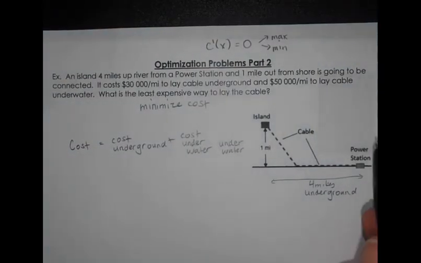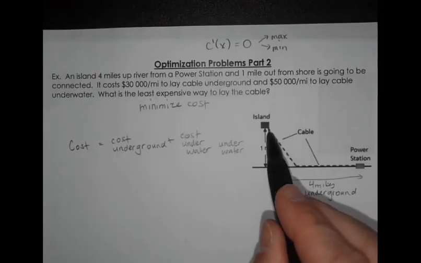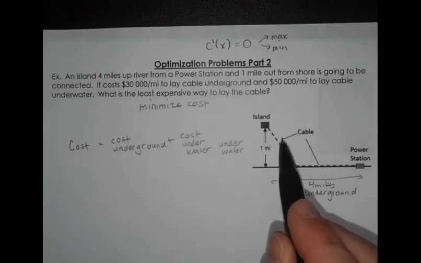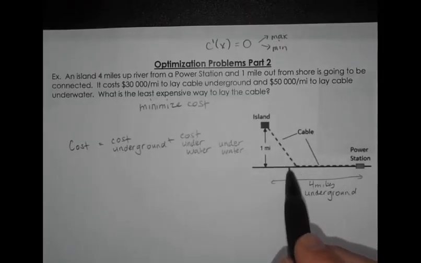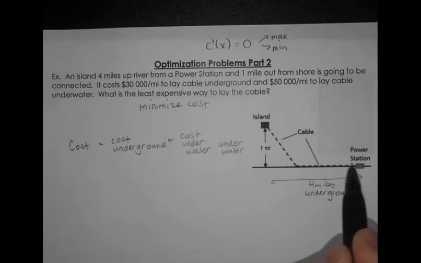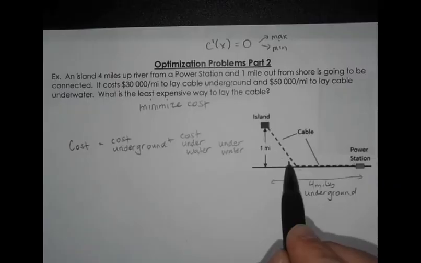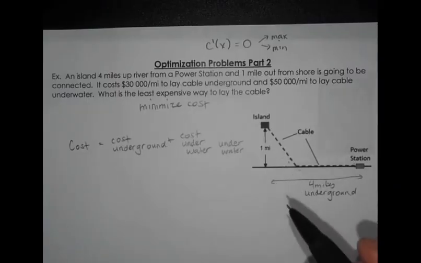So here's the hard part. We need to figure out how far down this corridor we want to go for the underground, and then the rest has to be underwater. So we have to figure that out.